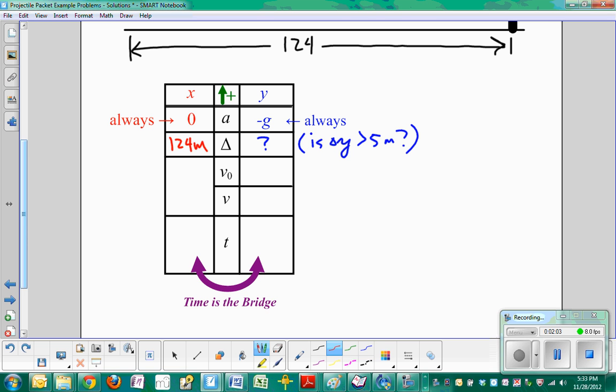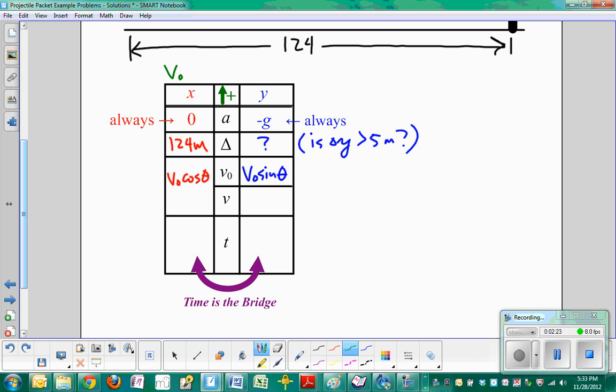All right, we know v naught for x is going to be v naught cosine theta, and for y, it's going to be v naught sine theta. I don't have it on this chart, but it's convenient to put up here what our initial conditions are.